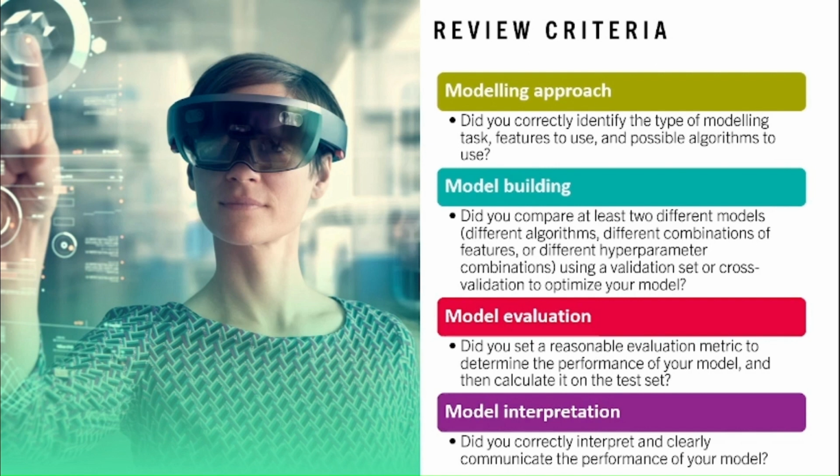Then we will deep dive into model evaluation to see the possible metrics I can use and whether I was able to demonstrate those. And finally, we'll look into the model interpretation, whether I was able to correctly interpret and clearly communicate the performance of the models I have created.